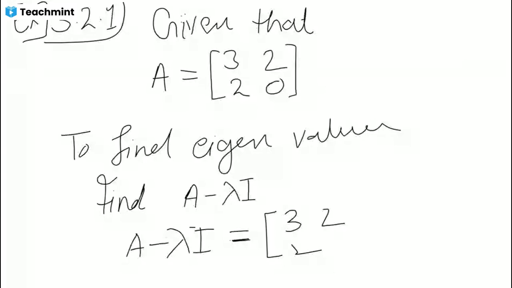Okay, they are finding for lambda is equal to 4. That is why they are taking minus. Sure, one by one we'll find for both.